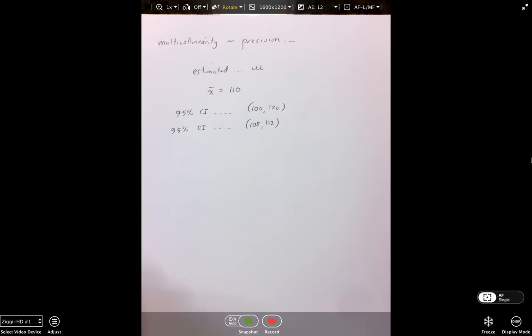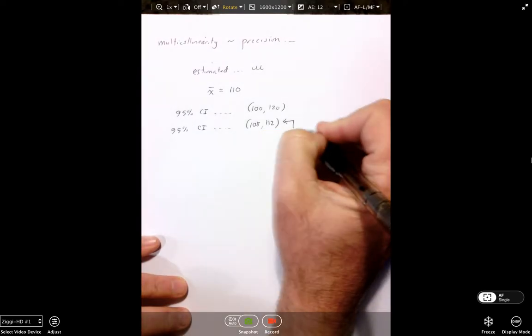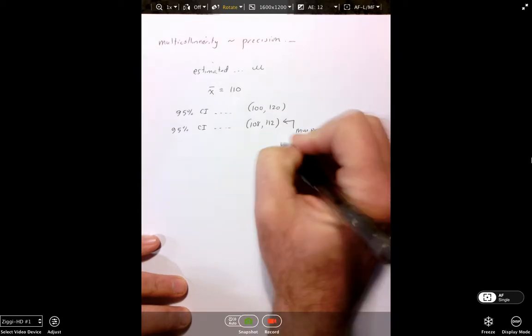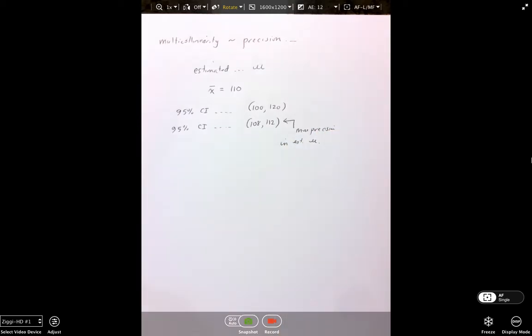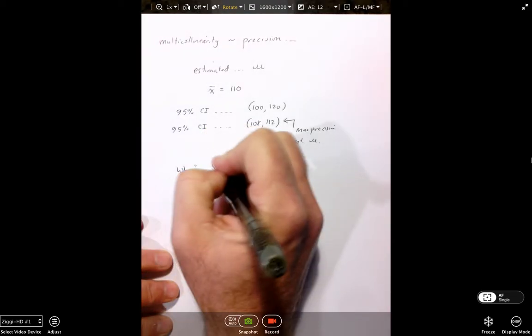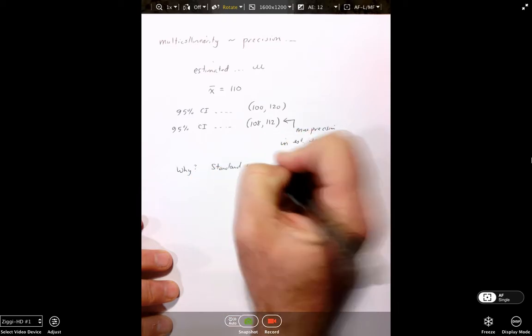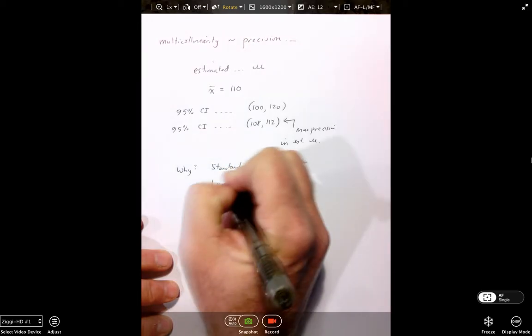Well, guys, clearly this one has more precision in estimating mu than does the 100 to 120. Now, why? Well, it's because the standard error is lower, meaning less variation.